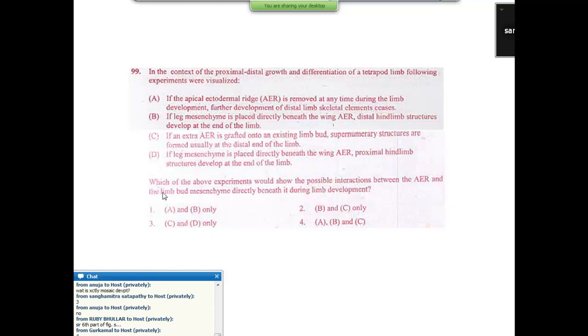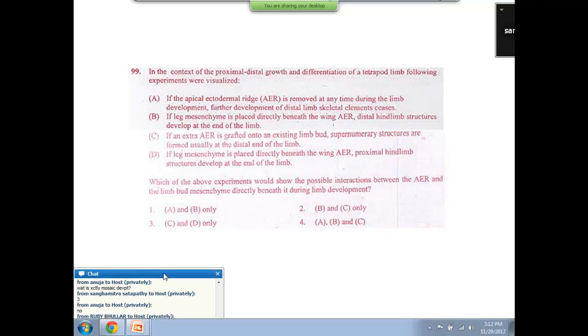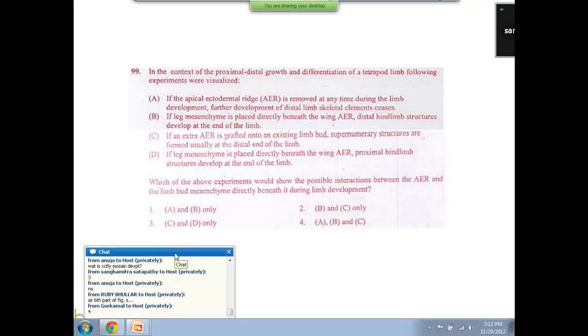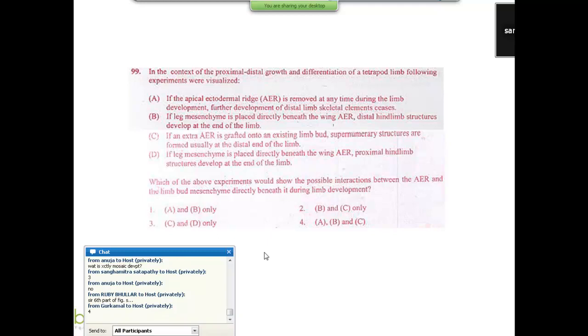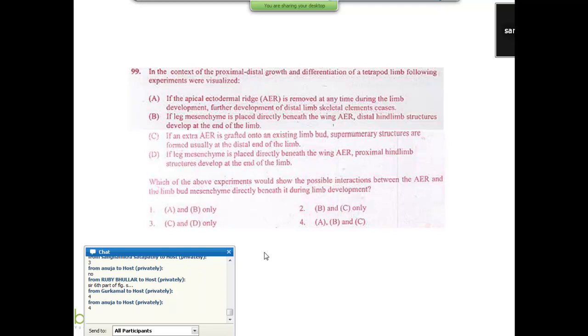What is it that Gurkamal is having as a question, or she answered? Very fast, that is. Very easy, right?